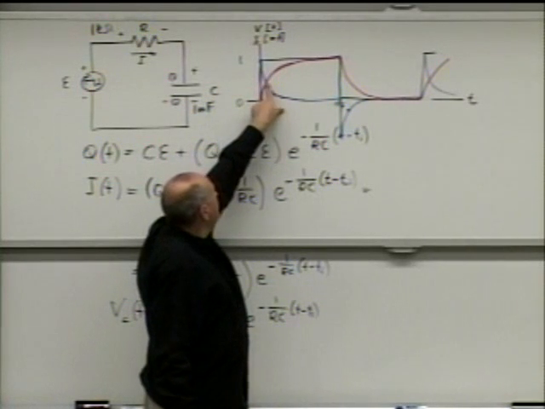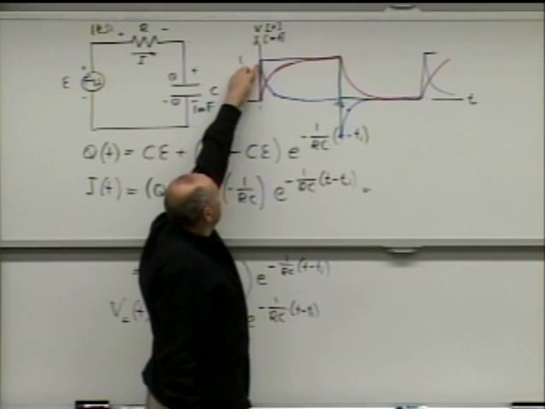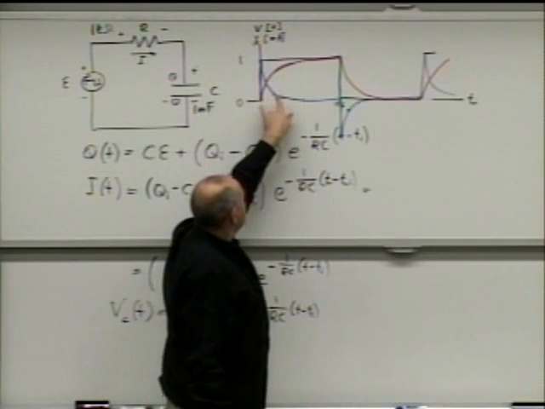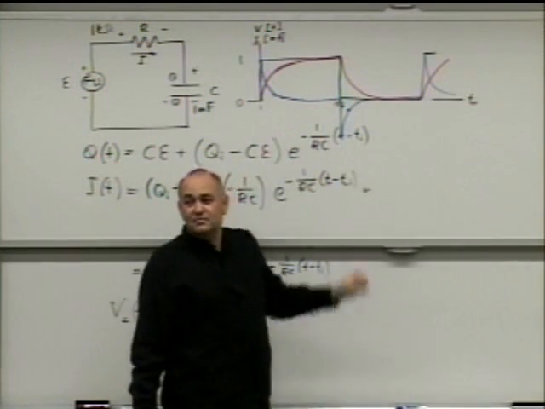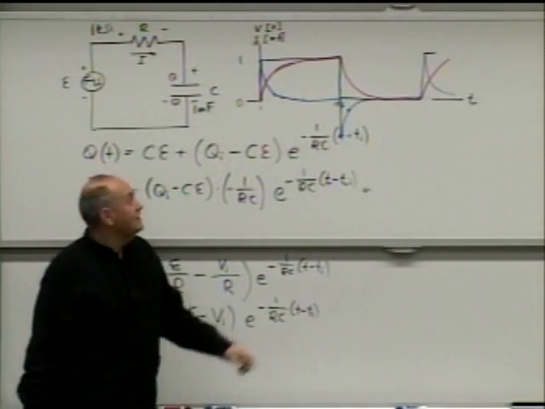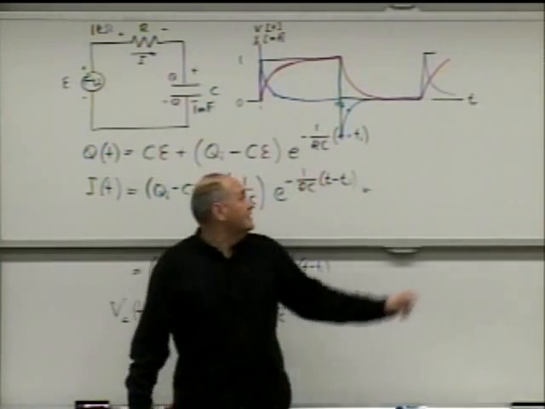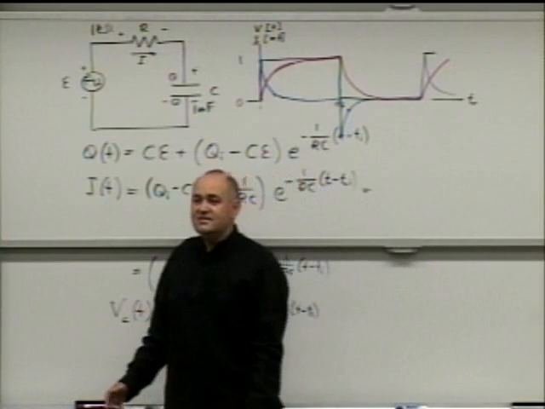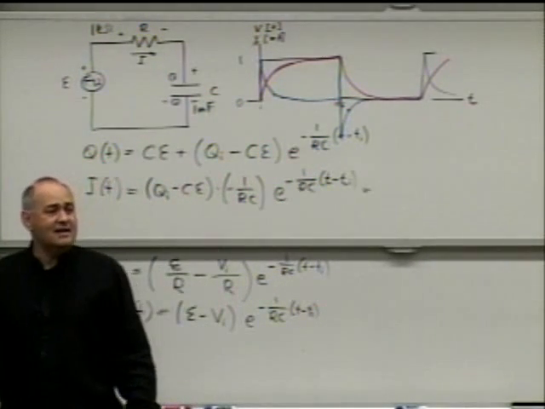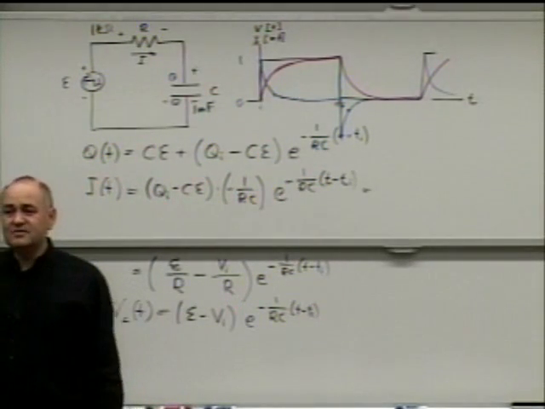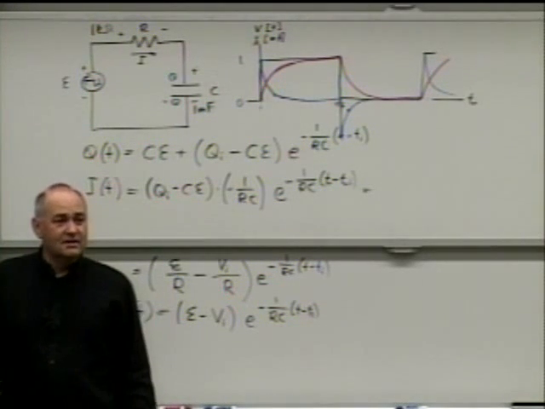In this interval, the sum is going to be 1. In this interval, the sum is going to be 0, and then 1 again. So we see that these two functions add up to the function representing electromotive force.